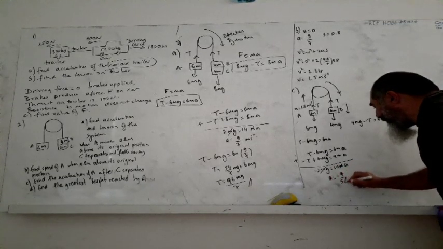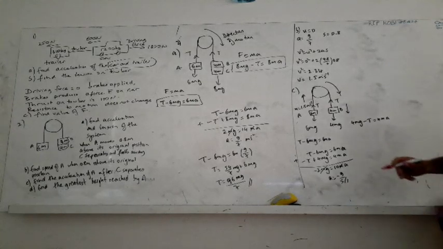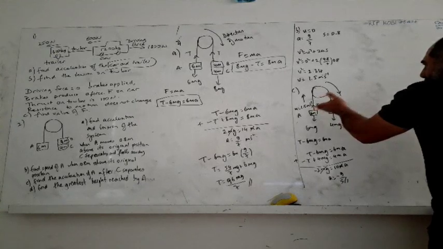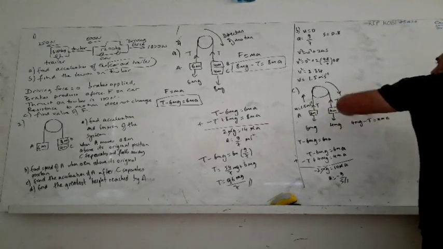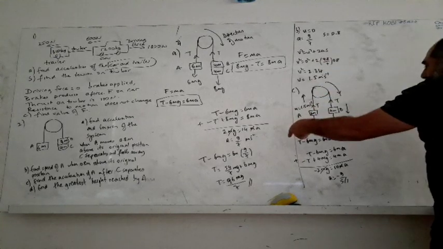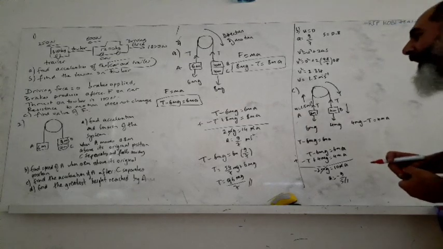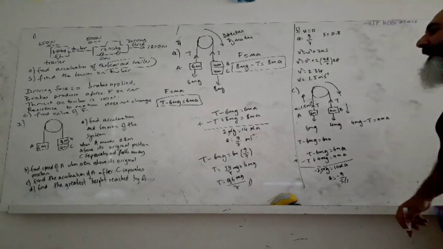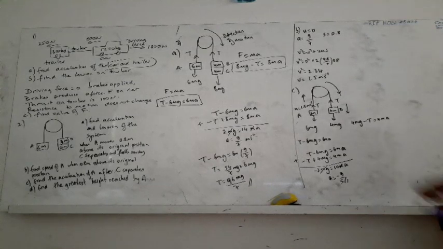So A tries to stop the system and make the system turn in the anti-clockwise direction. But before that, this is the answer for part C. Now find the greatest height reached by A. But again, A still moves up.